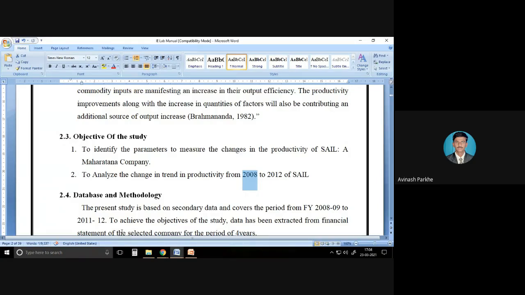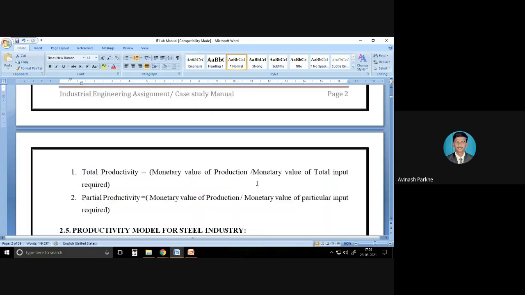So in this particular experiment, the industry we have considered, we are having some readings from 2008 to 2012 for that respective industry. According to their inputs and according to their outputs, we have to check whether the productivity increases or not. Okay, so this is the case study given in experiment number 2.